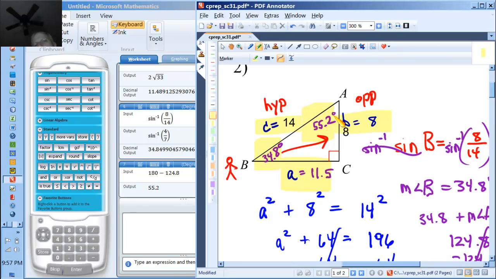When you're finished, make sure that your answers are labeled clearly. Either draw in the side lengths and the angle measures, or write them out in a clear way and put a box around them right on the paper. And turn that in at the end of the period, and then you'll be done.